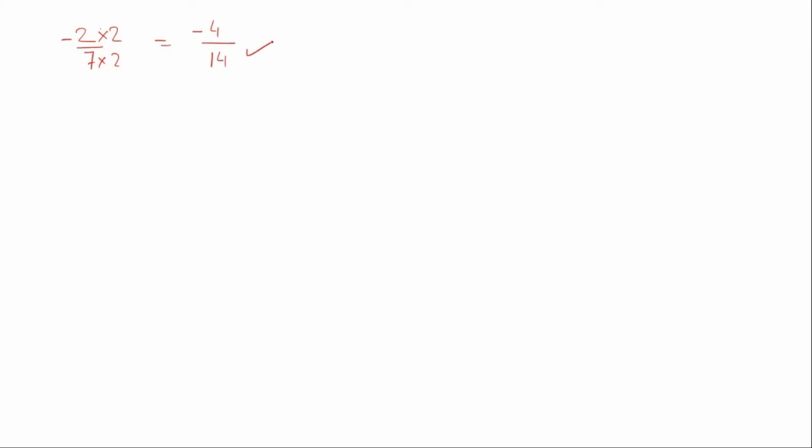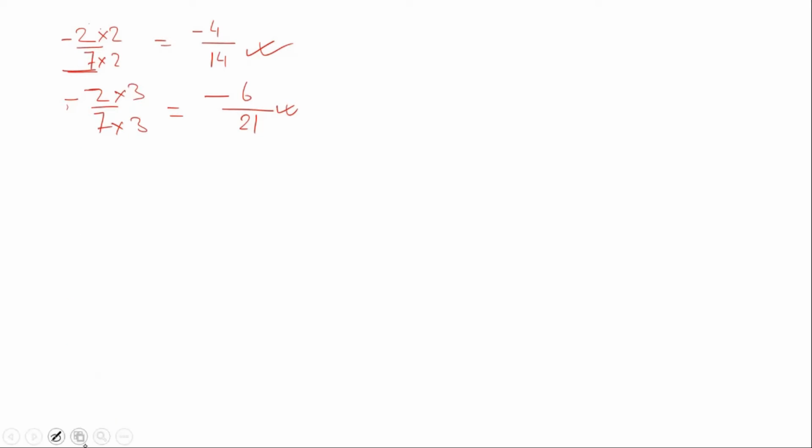This is the first equivalent rational number to minus 2 by 7. For the second, we will multiply 3 to both numerator and denominator. It will be minus 6 by 21. So these two rational numbers are equivalent to minus 2 by 7.